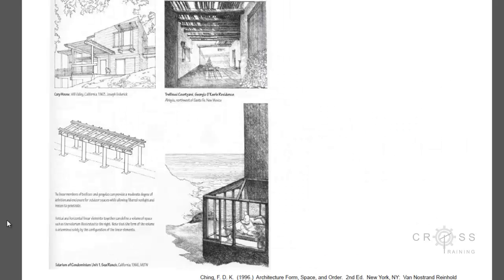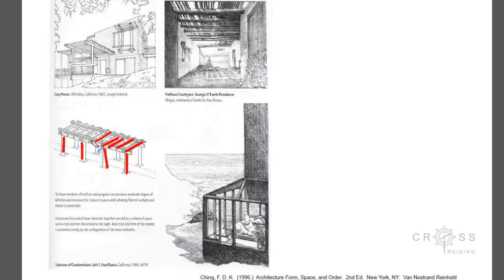We see examples of how linear objects are basically copied to begin to define space. So we have these linear objects here that define the wall plane. And then we see it again going across the top here to create this ceiling plane.